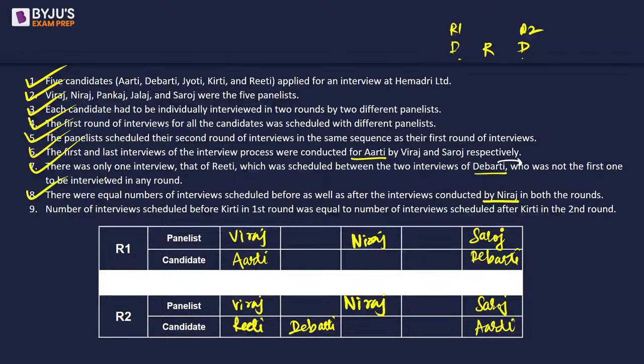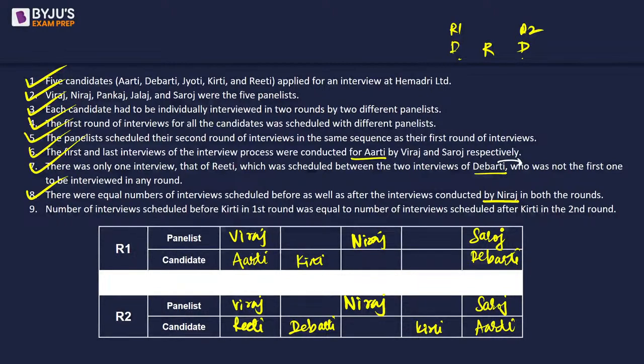Okay. Number of interviews scheduled before Kirti in first round was equal to the number of interviews scheduled after Kirti in the second round. So suppose if I take Kirti here, then Kirti will go here, right?